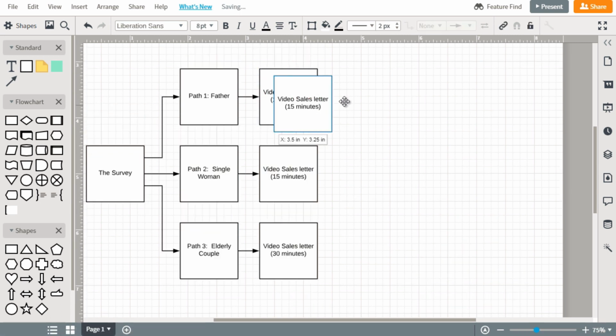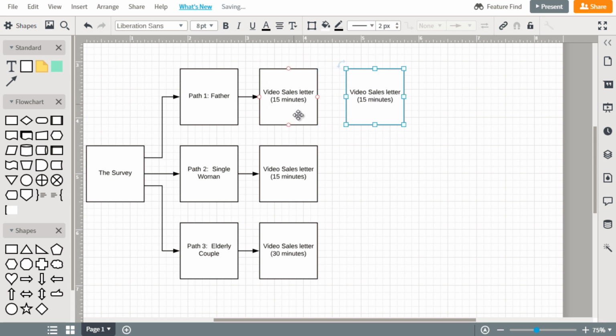So then we can make the offer, or maybe we make the offer here. But then we found out the fathers, maybe they do buy, but we're going to add them to an email autoresponder so that we give them valuable tips, maybe for 7 days, so day 1 through 7.